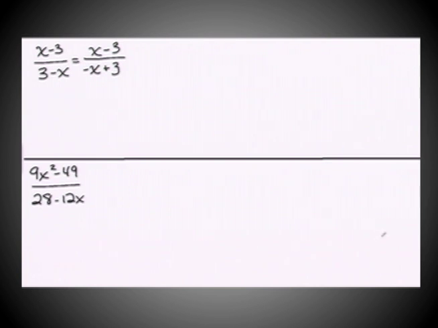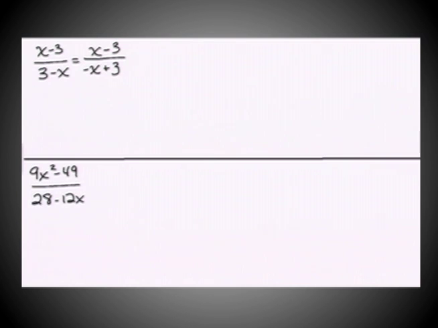So when we put this in standard form, it becomes more apparent that we have opposite binomials in the numerator and the denominator. And what an opposite binomial is that you have the same terms, but all of the signs are completely opposite of each other.